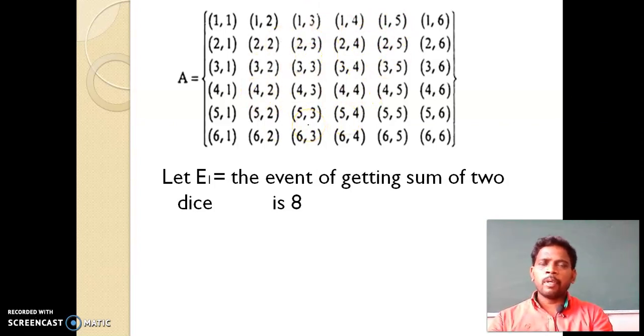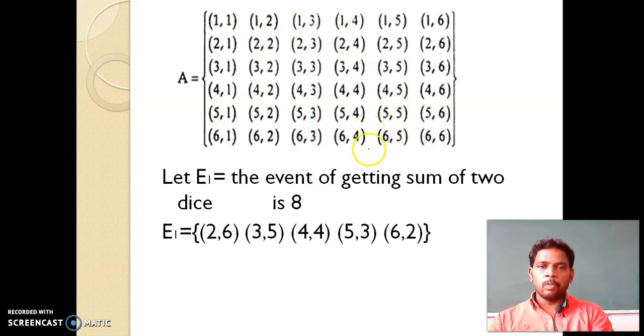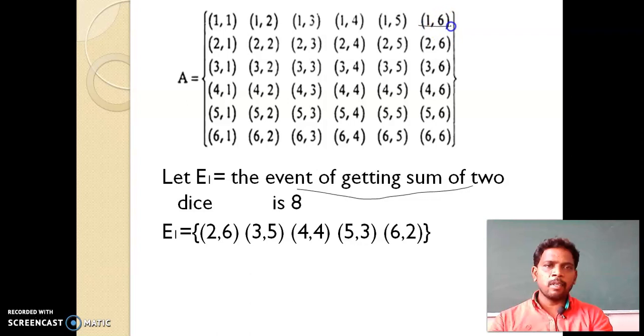Before that, you can define the total number of cases. If you count, there are 36 in total. That is the number of elements in the sample space. E1 equals the combinations of numbers whose sum is 8. They are asking for 8. In the first row, the maximum is 1 plus 6 is 7, so it is not possible.